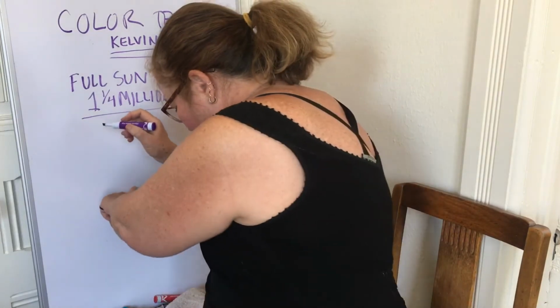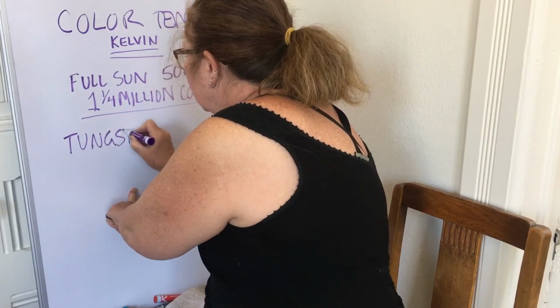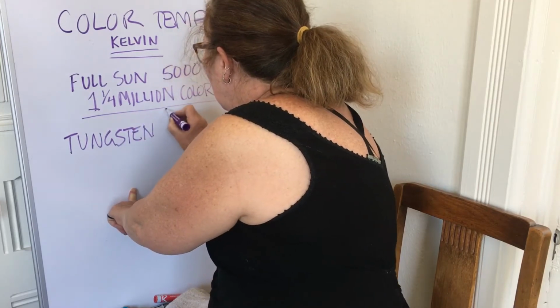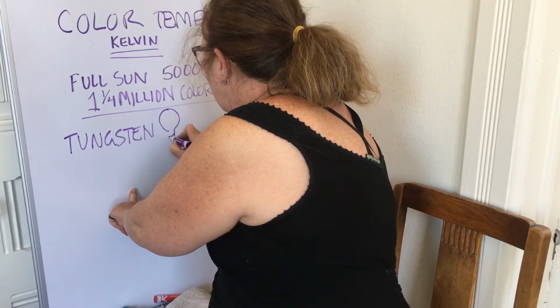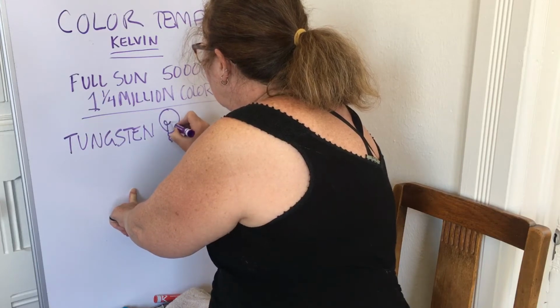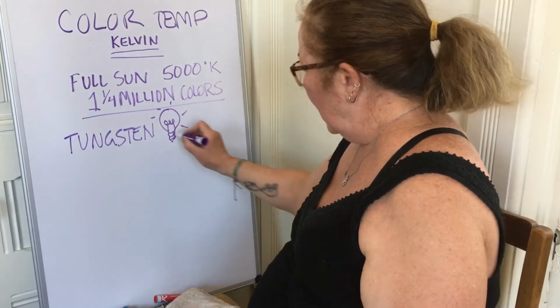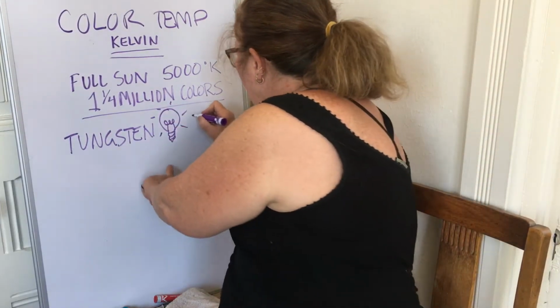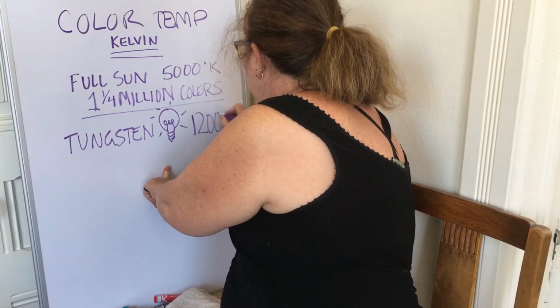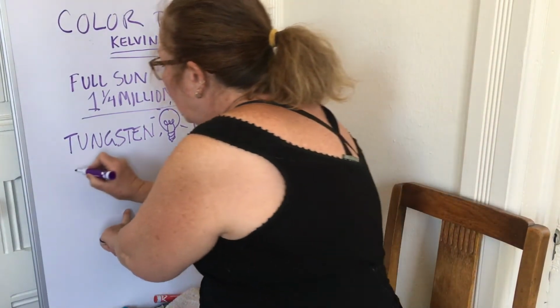A tungsten bulb, remember the tungsten is the old-fashioned light bulb, right, that looks like that, right? So a tungsten bulb is usually about 1,200 degrees Kelvin, okay? A photo flood, right?